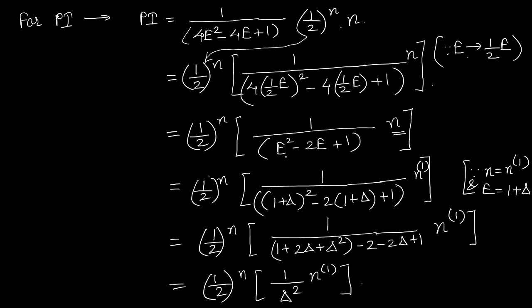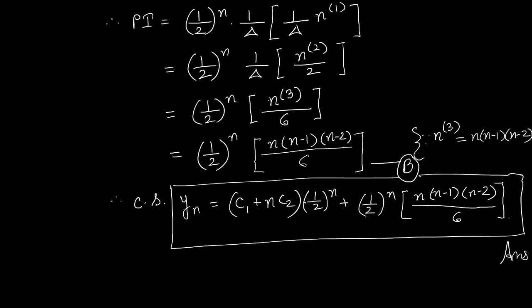Now in case 3, we substitute the value of E in terms of delta, and n is written in the form of factorial notation. That means n to the power 1 factorial. After simplifying the terms, we get 1 upon delta square n to the power 1 factorial. Now 1 by delta square is equivalent to integration, whenever the values of n are in factorial notation. Therefore, we integrate two times.